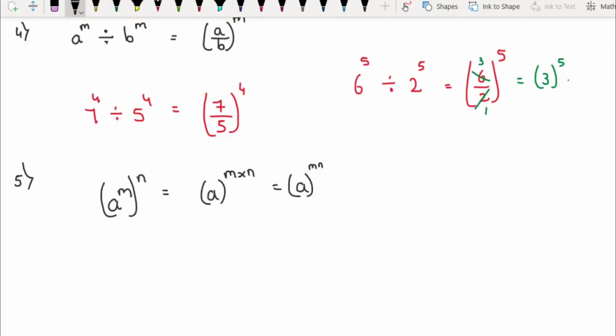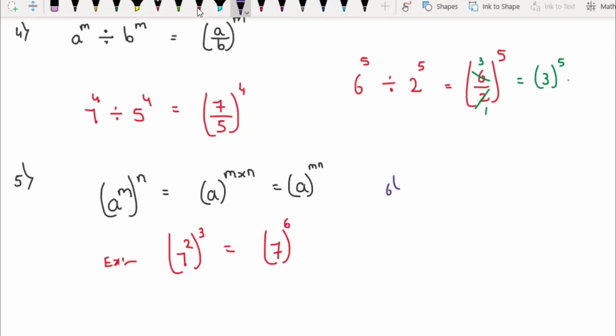Like for example, 7 square whole to the power of 3 they give. So 7 to the power of, what can we do with the powers? We can multiply. That is 2 threes are 6. That was so simple. Very simple.